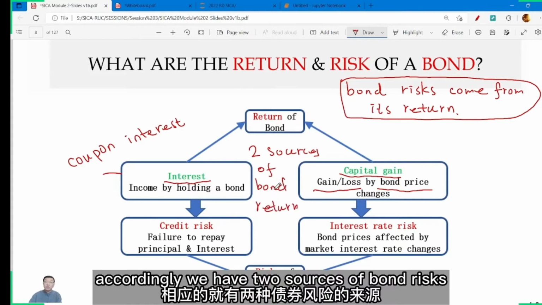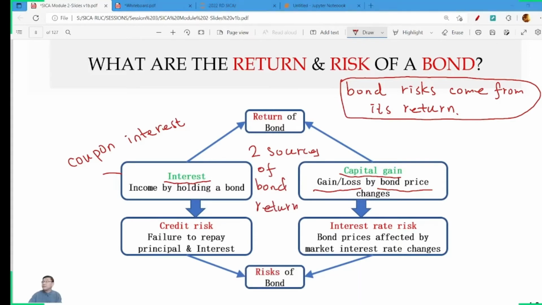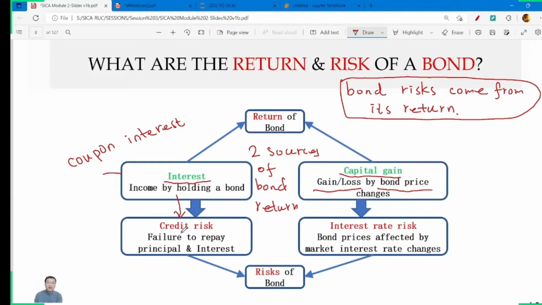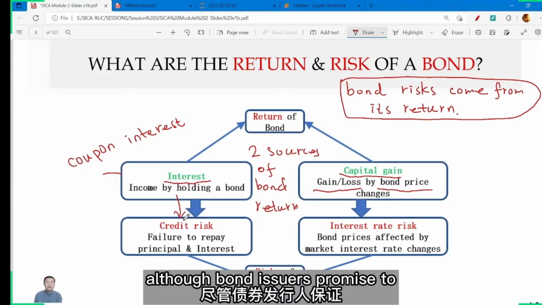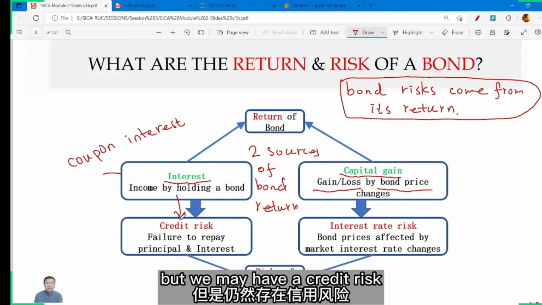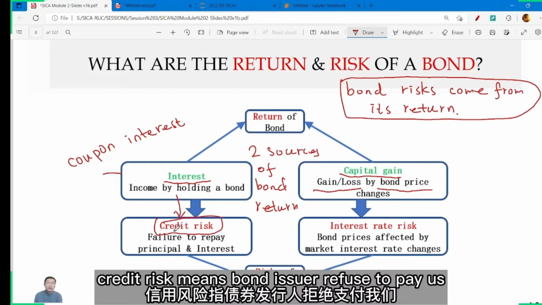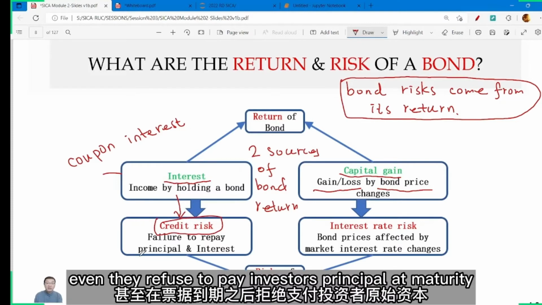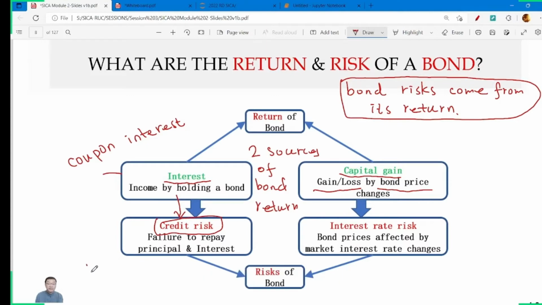Accordingly, we have two sources of bond risks. Let's look at bond interest first. Although bond issuers promise to pay investors coupon interest, we may have a credit risk. Credit risk means the bond issuer refuses to pay us coupon interest, or even refuses to repay the principal at maturity.